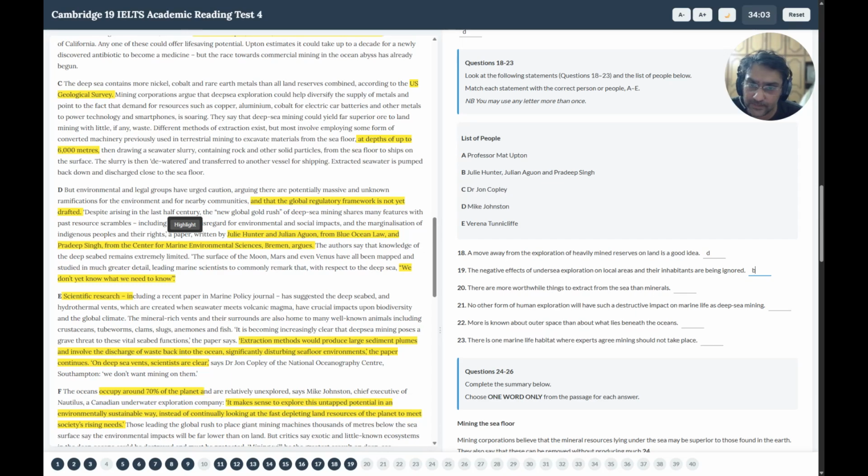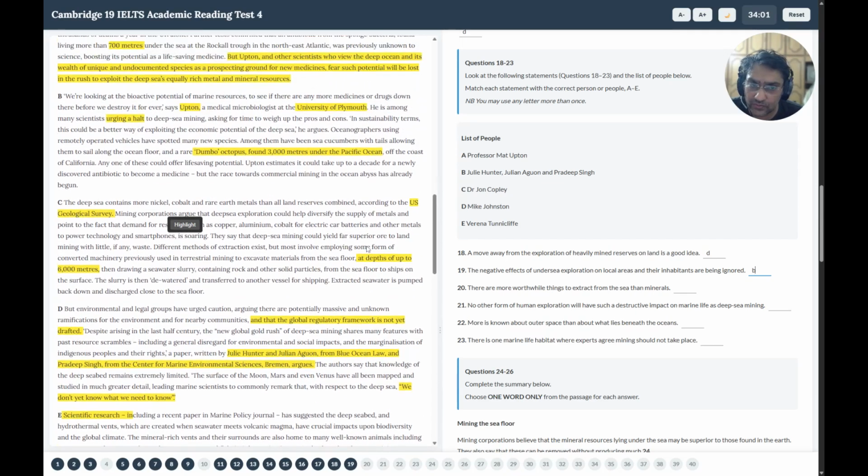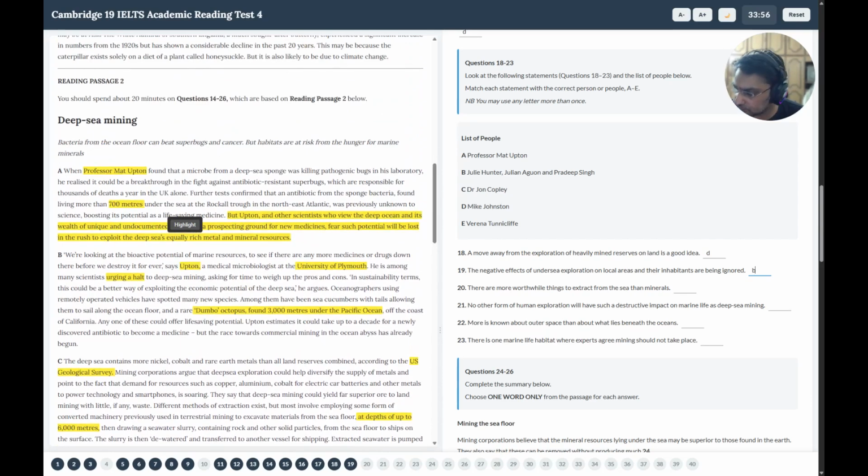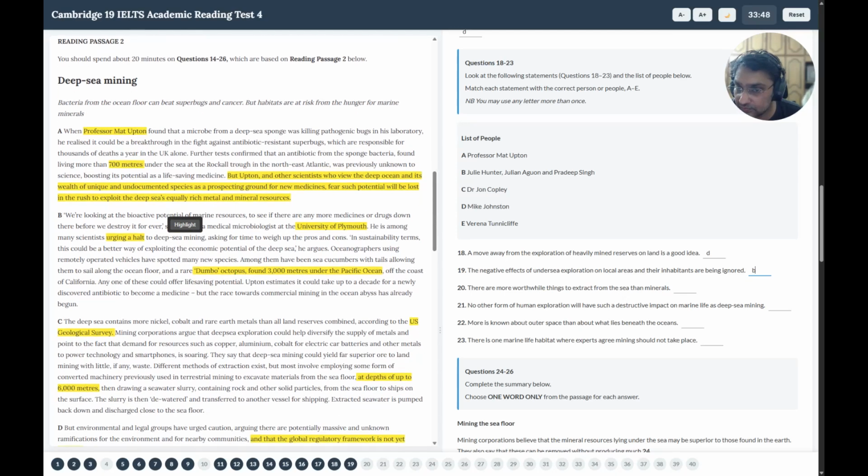There are more worthwhile things to extract from the sea than minerals. Okay. So let's have a look at what Professor Matt Upton stated. Okay, he's talking about medication.